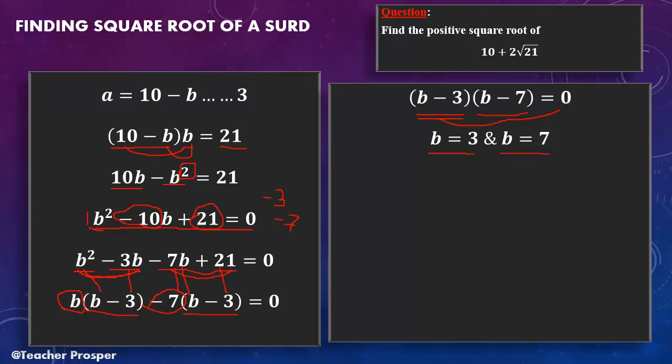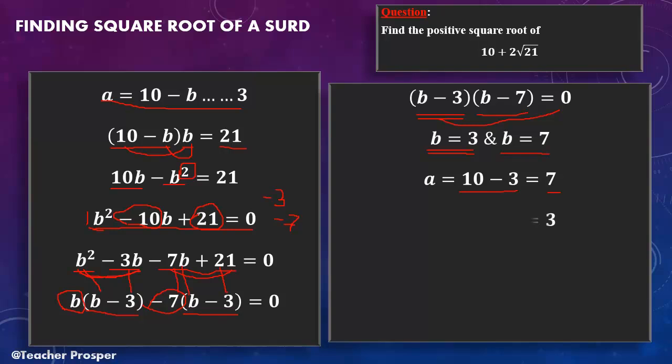Now, to find the values of a, we have to substitute these values in place of b into our equation 3, which is here. So in place of b, we'll substitute 3, and in place of b, we'll substitute 7, so that we'll get the values of a. Substituting 3, we'll have a equals 10 minus 3, and that gives us 7.